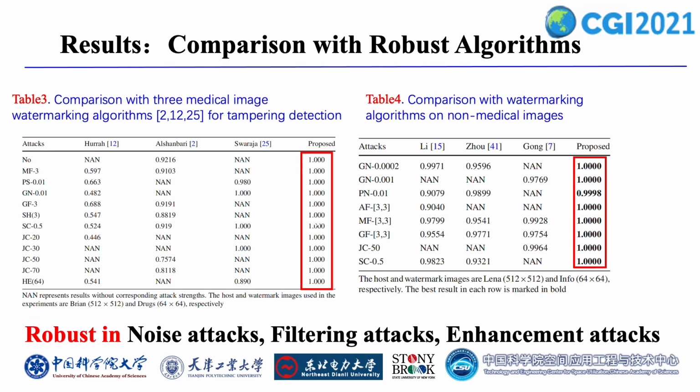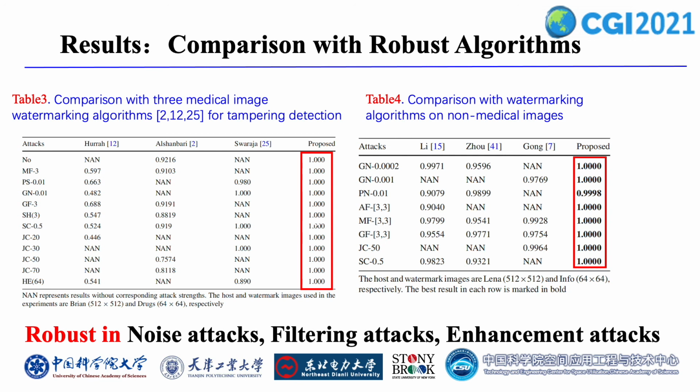3 medical image watermarking algorithms are used for the comparison of tampering detection. As shown in Table 3, the algorithm proposed in this paper significantly outperforms the other 3 algorithms under no attack, median filtering, salt and pepper noise, Gaussian filtering, sharpening attack, JPEG compression, and histogram equalization attack.